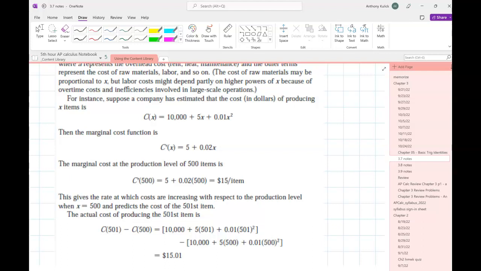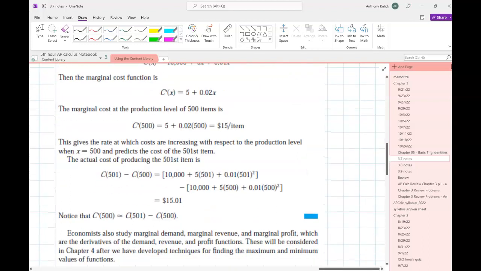The marginal cost at the production level of 500 items gives the rate at which costs are increasing with respect to the production level when X equals 500, and predicts the cost of the 501st item. The actual cost of producing the 501st item is close.